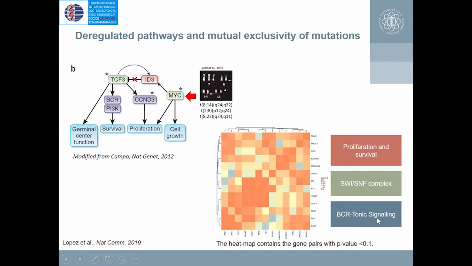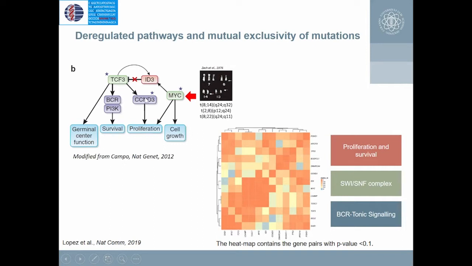Probably the most prominent is ID3, which is induced by MYC itself and binds TCF3. Mutations in ID3 lead to release of TCF3 and activation of survival pathways.